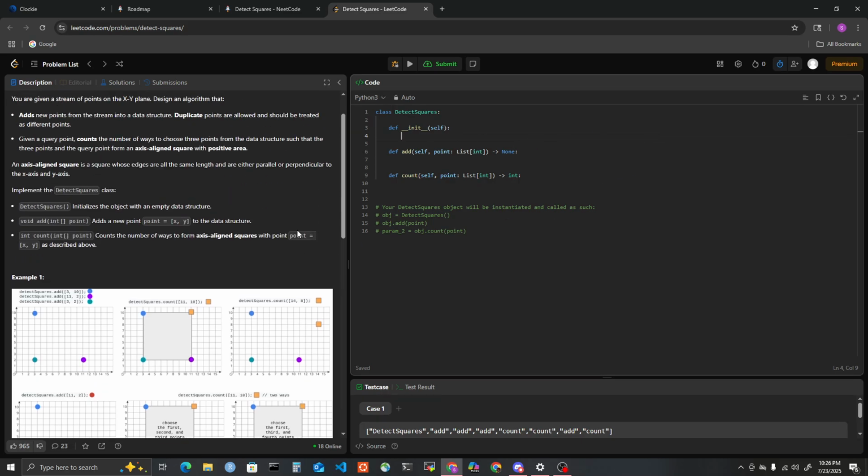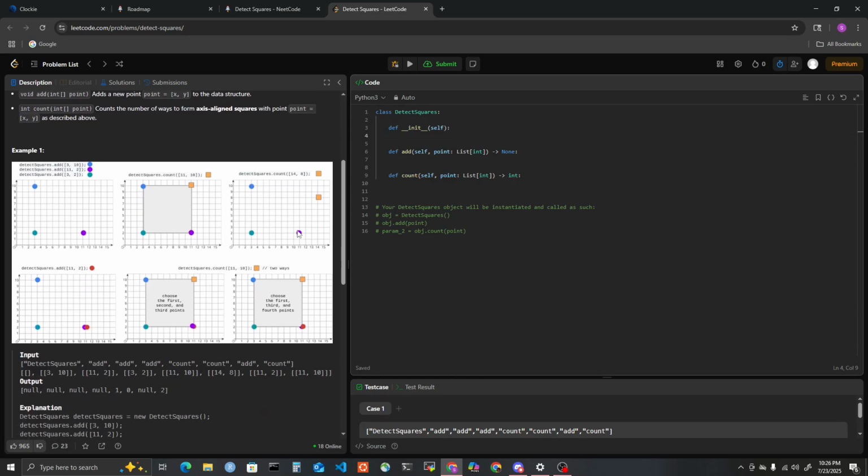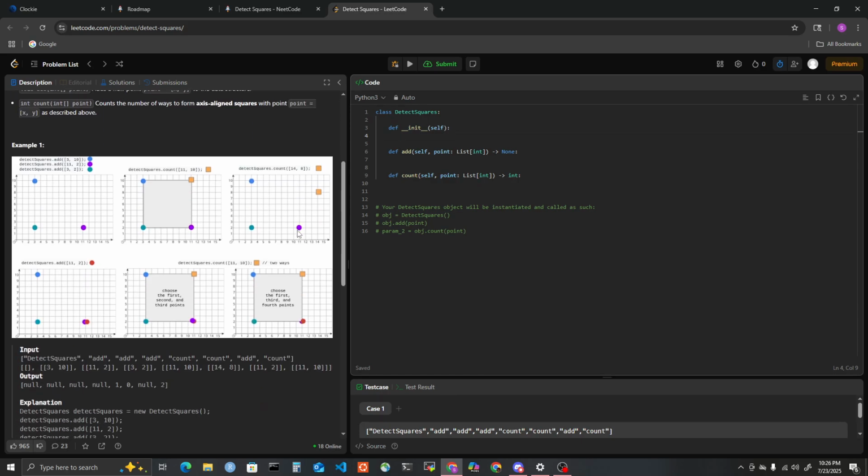Genuinely, what's the point of duplicates here? Oh, it can get counted twice.